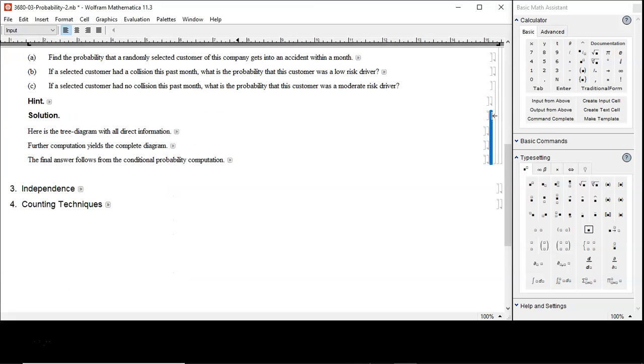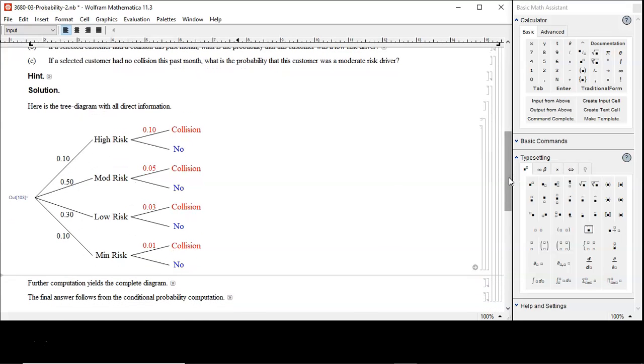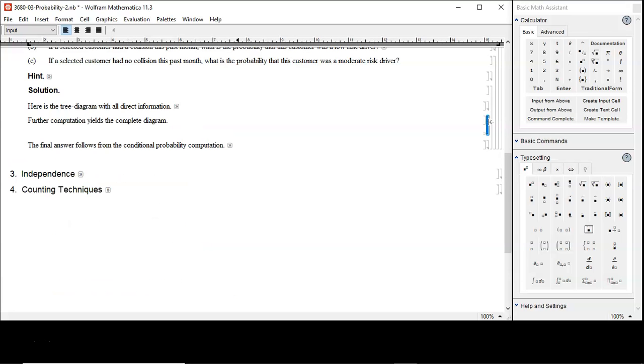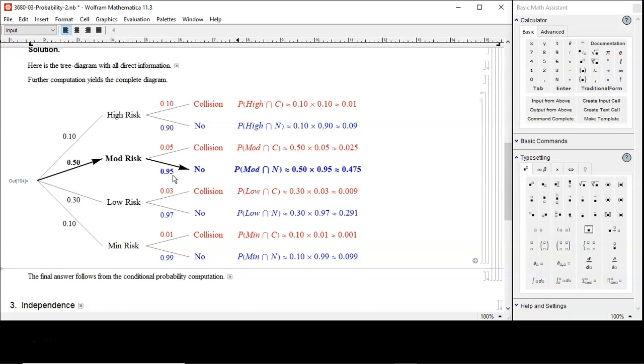Okay, there you go. All right, here is a tree diagram with all that information. Okay, numbers are all in there. Now, how about the complement probabilities? We need all those. So 90%, 95%, 97%, 99%. They were not directly given, but you can easily find those out from complement probabilities. And then the one I'm particularly interested in is moderate risk driver getting into no accident for the month.